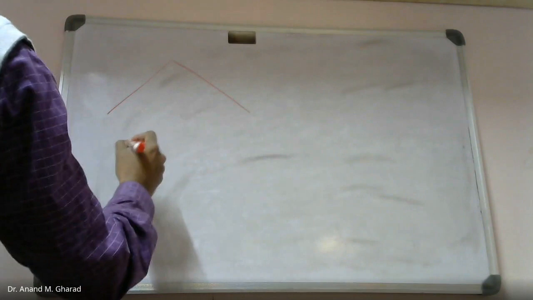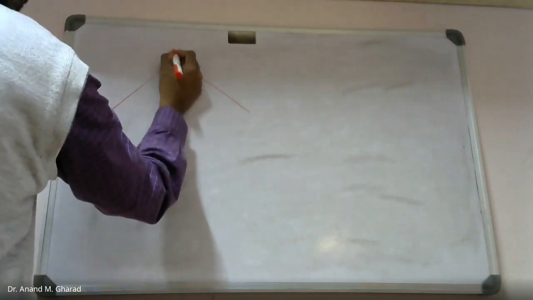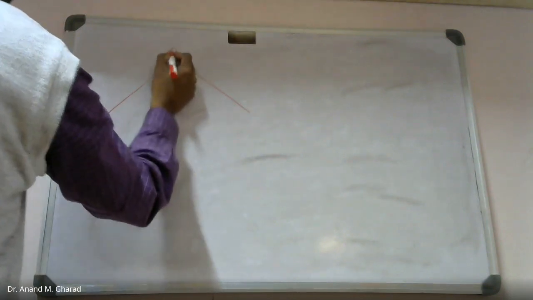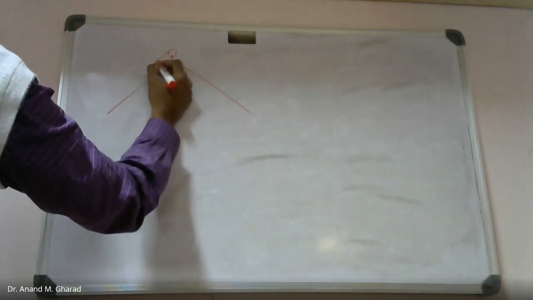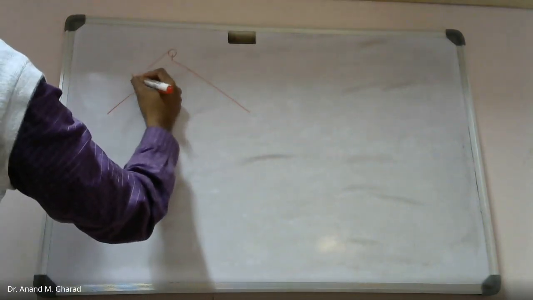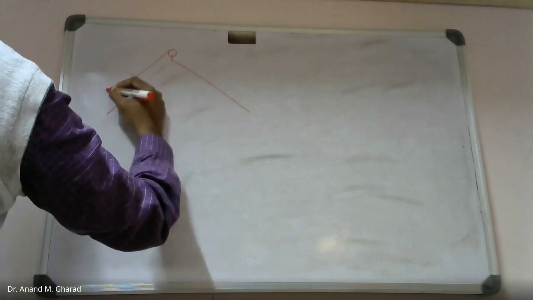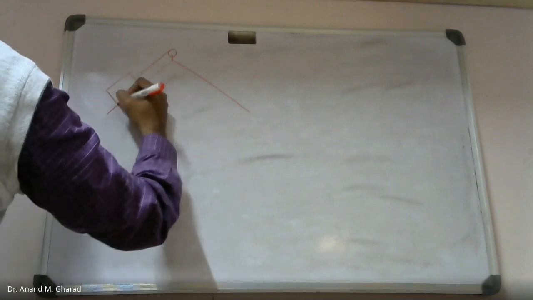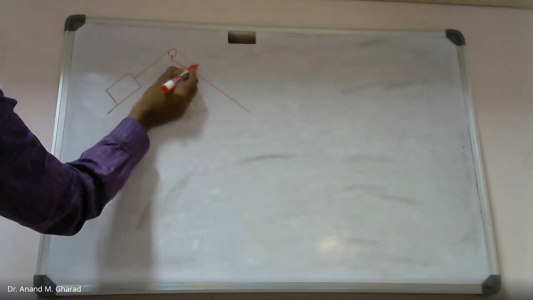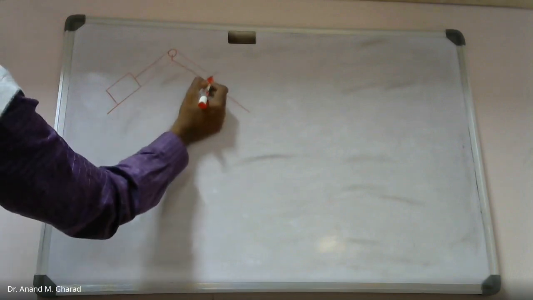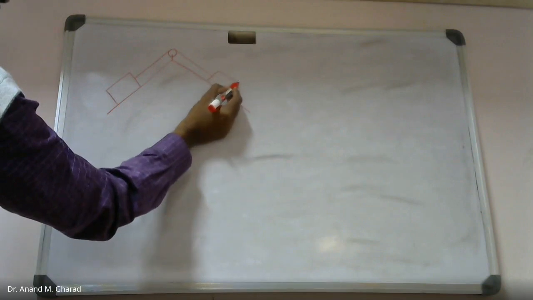There are two rigid bodies which are attached with the help of this frictionless pulley on inclined surfaces with the help of a rope. Okay, like this.